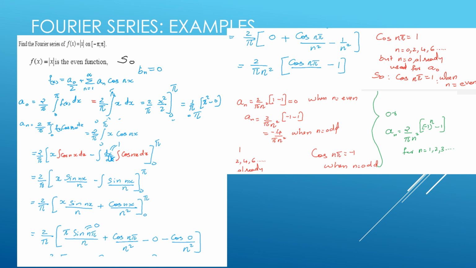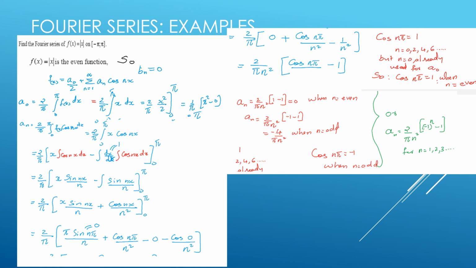So now plug in the values. 2 by pi n square, then minus cos n pi plus 1. When it is even, it is minus 1 plus 1, 0.